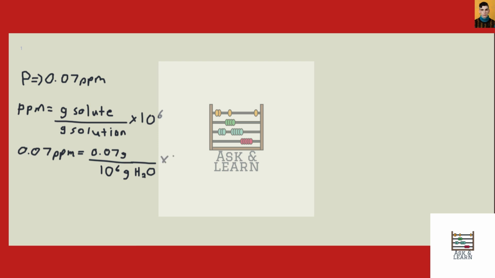Times 10 to the 6, the 10 to the 6 cancels out, so that leaves us with the mass of phosphorus being 0.07 grams.